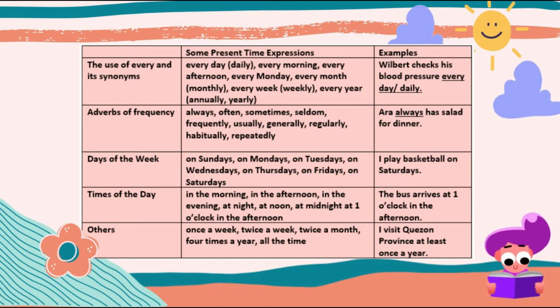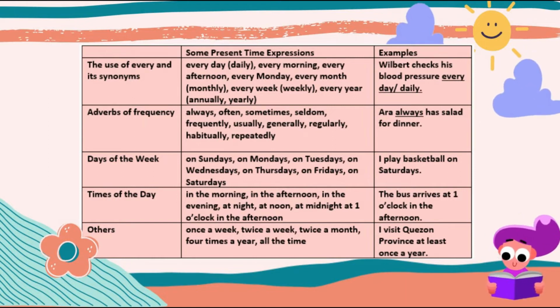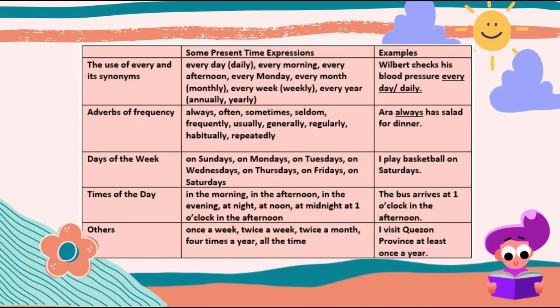Okay, let me help you to have a deeper understanding of our lesson through this table that I have prepared. So, the use of every and its synonyms. Here are some examples.